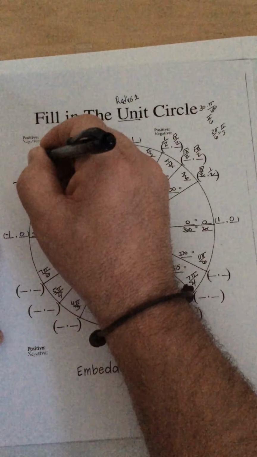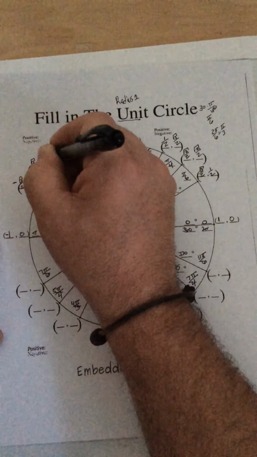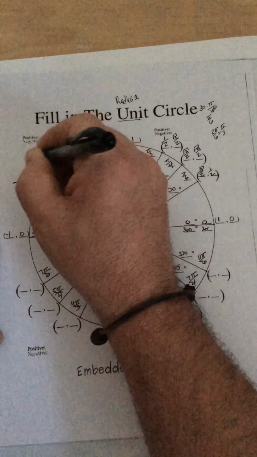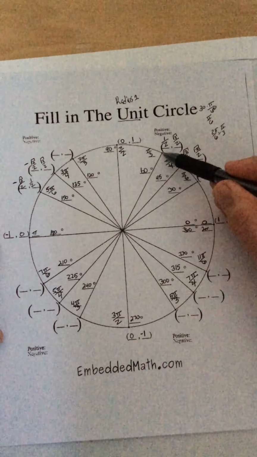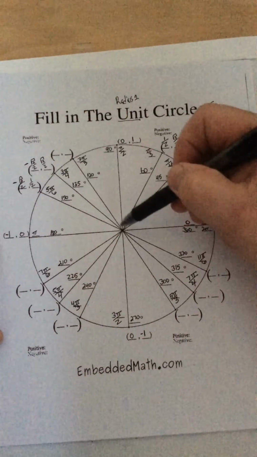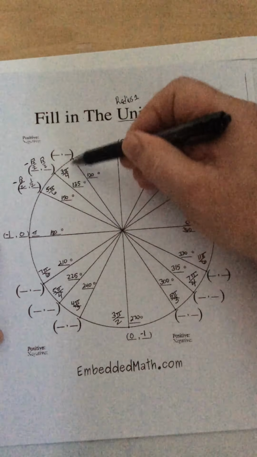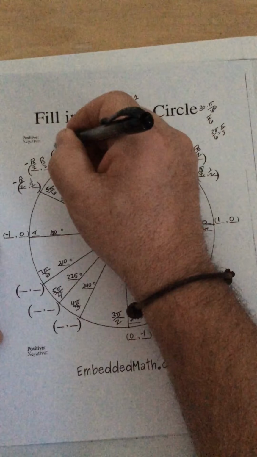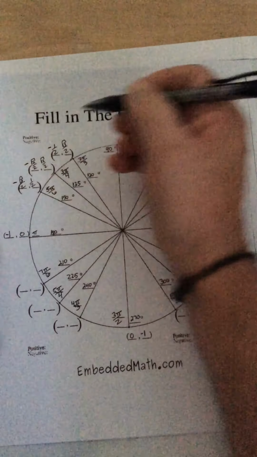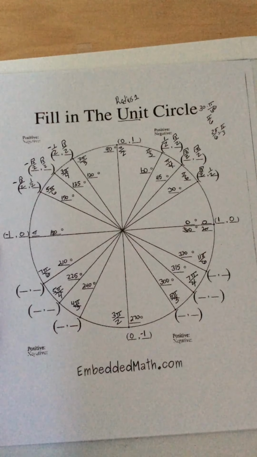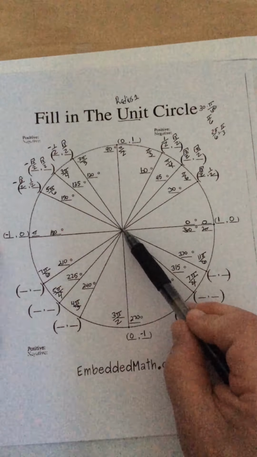So I can fill in root 2 over 2, root 2 over 2. First one's negative. And then here, this triangle would be the exact same triangle as this one. So I'm going to use 1/2 and root 3 over 2. X is negative.